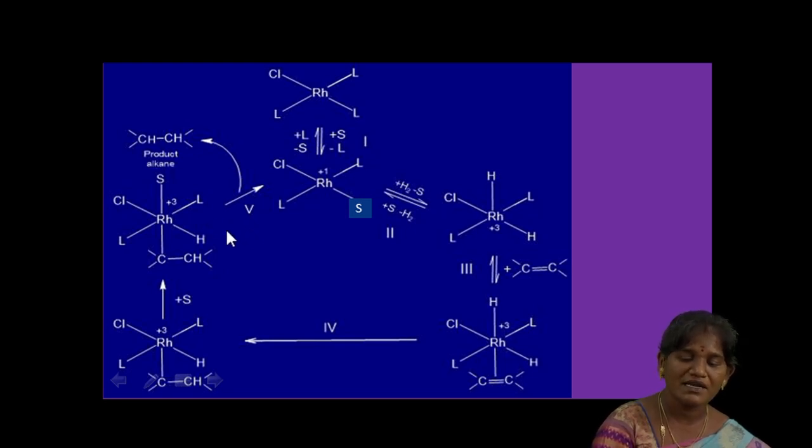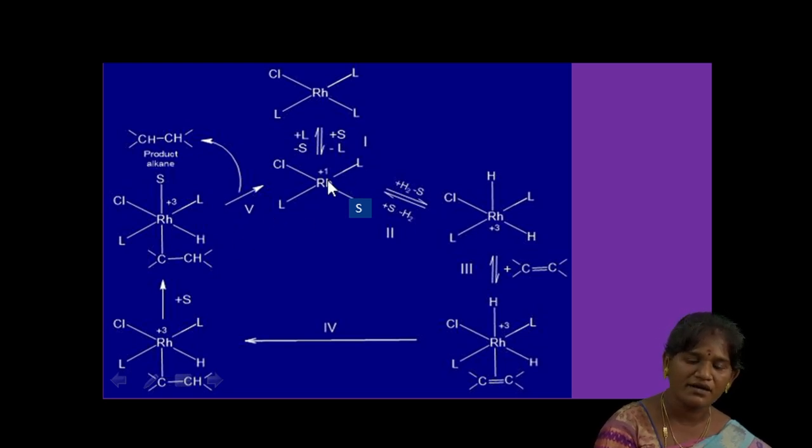The next step is a very important step, that is reductive elimination. Here reduction and elimination take place in a single step. Here the rhodium is reduced from the +3 oxidation state to the +1 oxidation state, and the coordination number of the metal complex changes from 6 to 4.